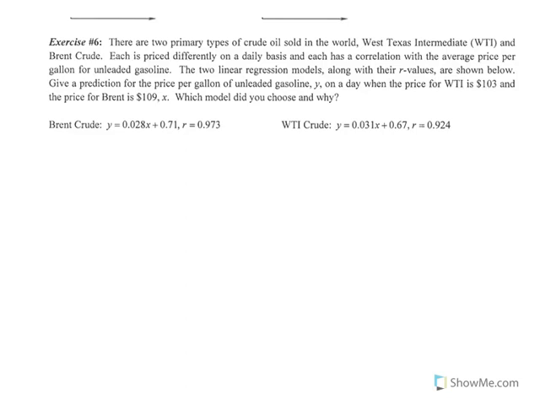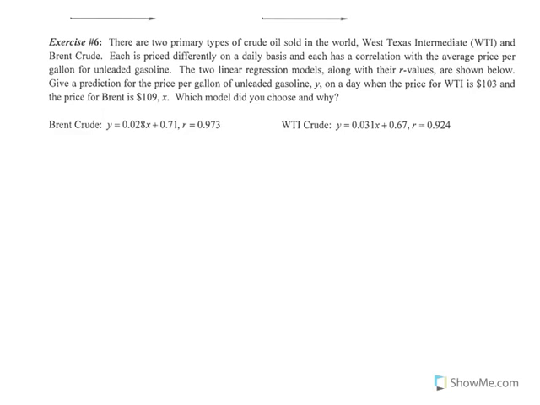The 2 linear regression models, along with their R values, are shown below. Give a prediction for the price per gallon of unleaded gasoline Y on a day when the price for WTI is $103 and the price for Brent is $109 X. Which model did you choose and why?